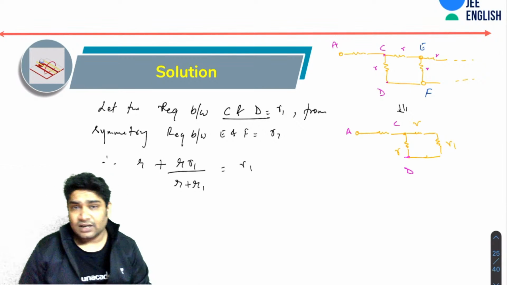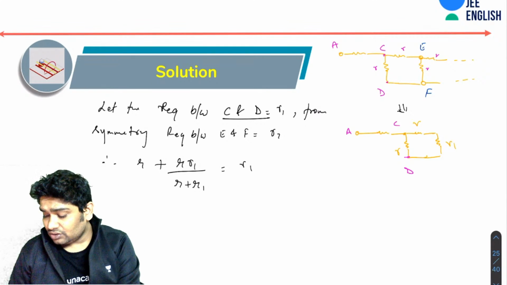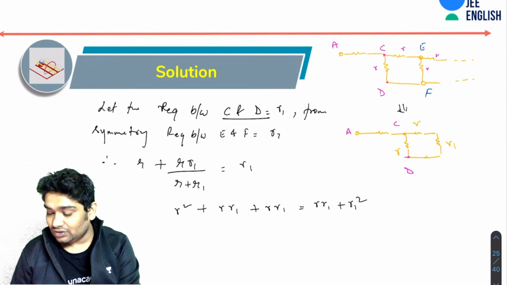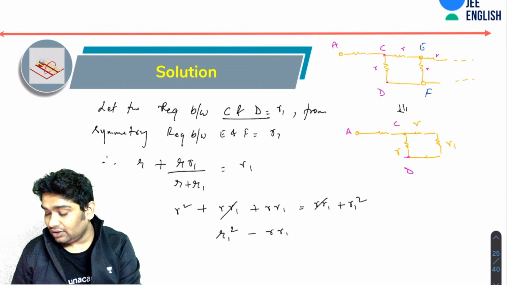Now from here you will find R1. So you will have a quadratic: R square plus RR1 plus RR1 equals RR1 plus R1 square. So this gets cancelled. You have R1 square minus RR1 minus R square equals 0.